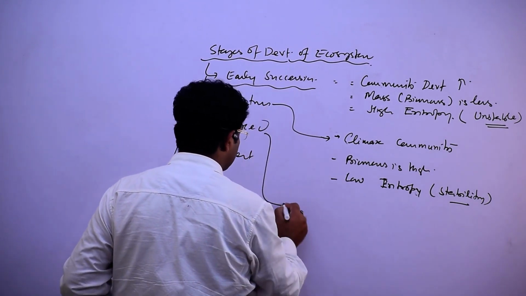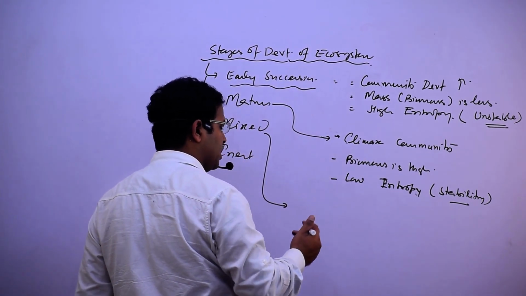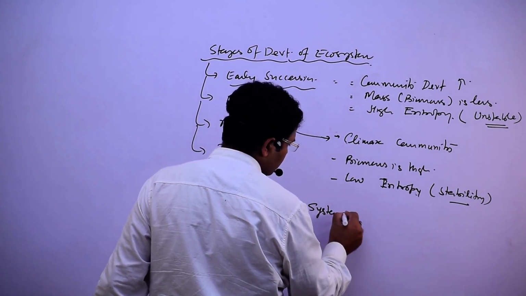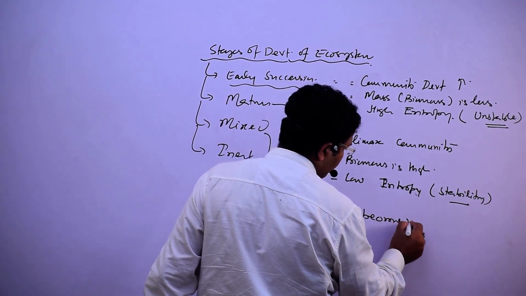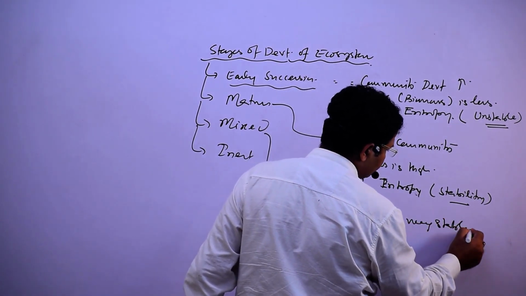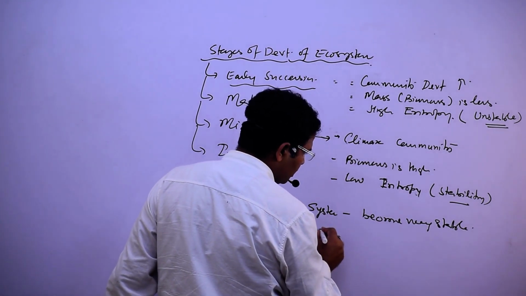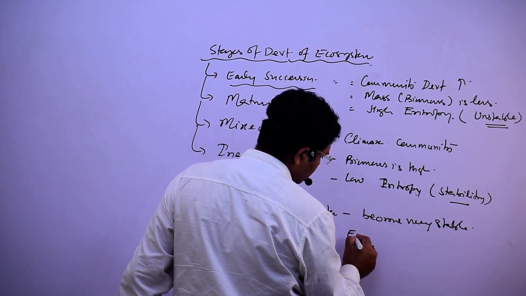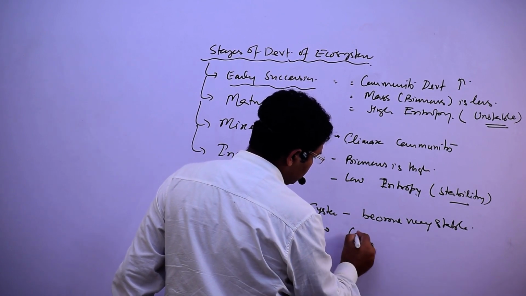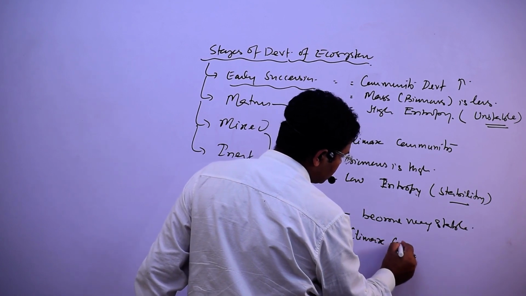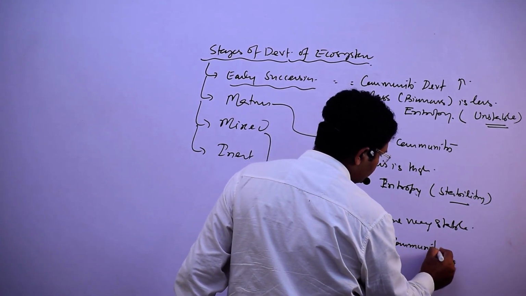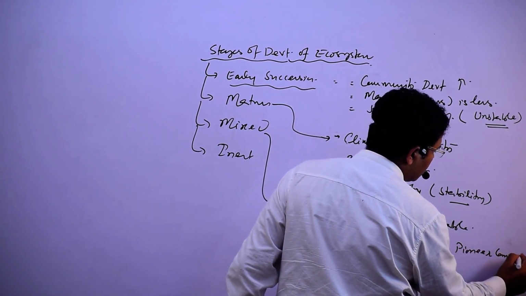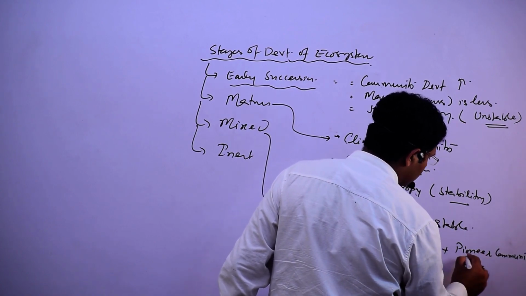In the mixed, I said that when the system becomes very stable, ecosystem becomes very stable, then in that case there is a sum of climax community plus pioneer community, both are existing.